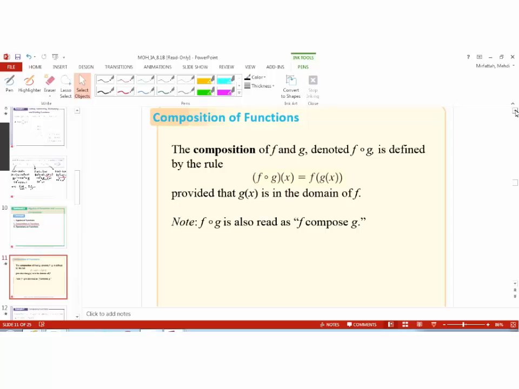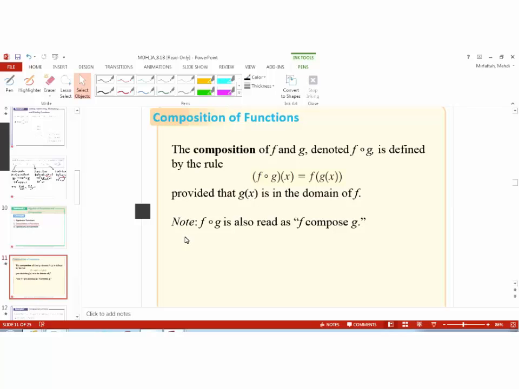The composition of f and g, denoted by f, this little symbol, little circle, g, is defined by the rule: f circle g of x is equal to f of g of x, provided that g of x is in the domain of f.